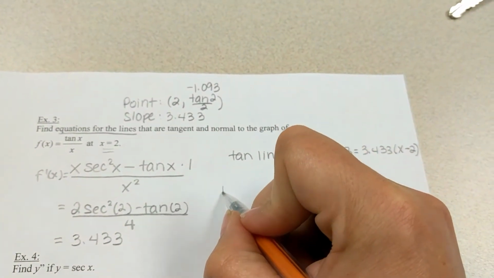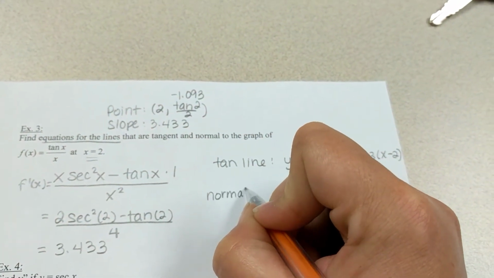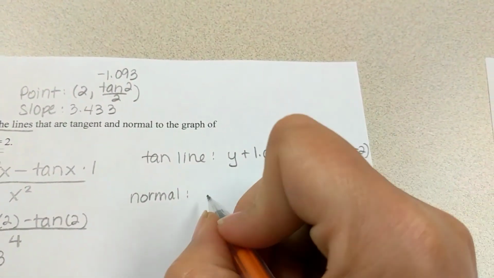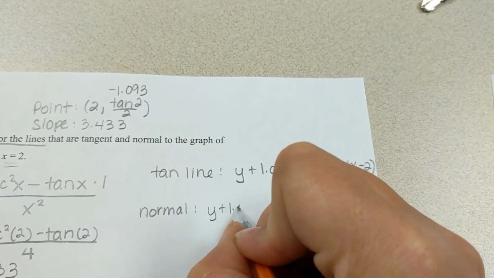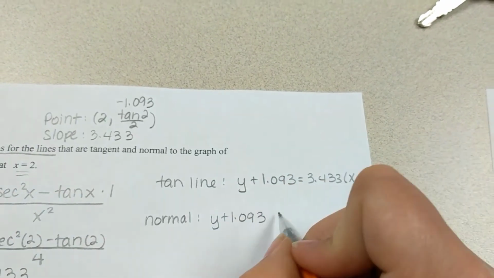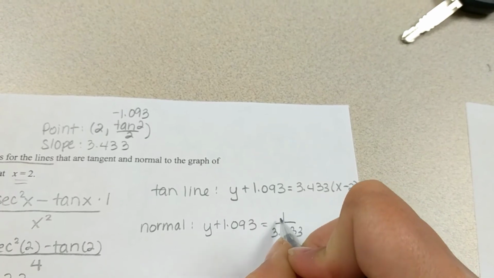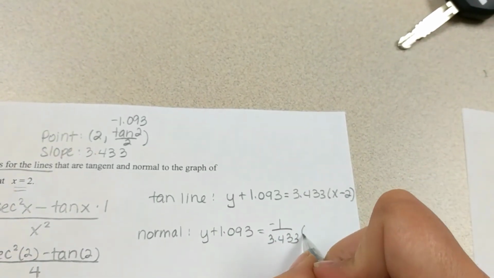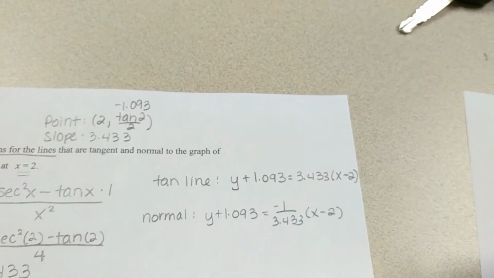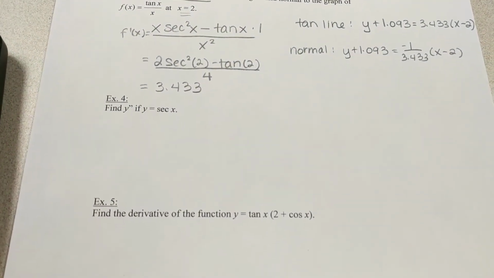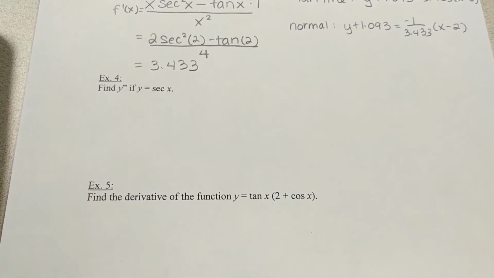Then for my normal line, the only thing I have to do is change the slope to the opposite reciprocal. So y plus 1.093 equals negative 1 over 3.433 times x minus 2. Ta-da!